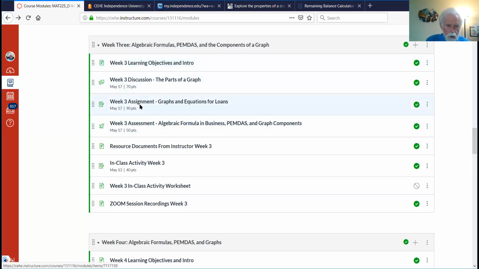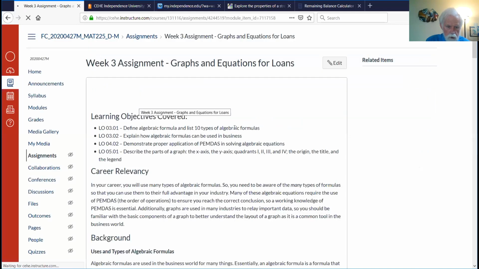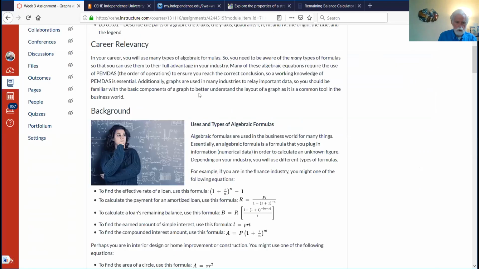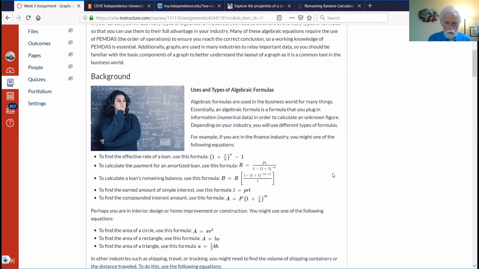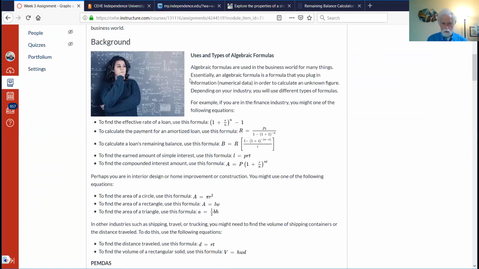Okay. So let's look at the assignment and take a look at this material. The assignment is about graphs and equations for loans. This is something that is useful in most businesses, so you'll have an opportunity here. Looking at loans, we have a number of choices of potential equations. One is to find the effective rate of a loan.